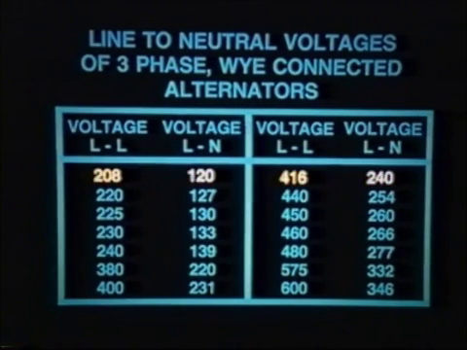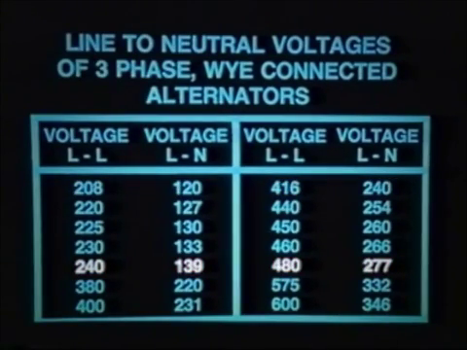Note that when the system voltage is above 208 or 416 volts, the available single-phase voltage, line to neutral, will be higher than the standard 120 or 240. For example, note that for 240 or 480 volt systems, the line to neutral voltage is 139 or 277 volts.